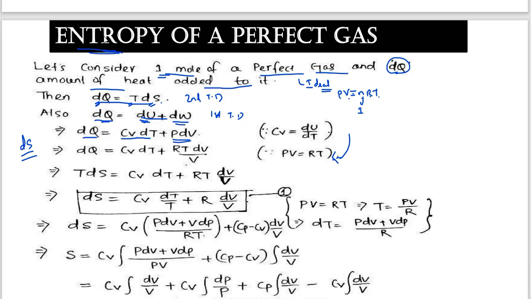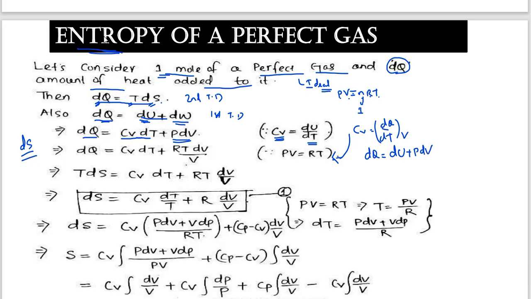Okay, how dU is CvdT? Because Cv is the specific heat at constant volume, which is equal to dU by dT. Because as per formula, Cv is always dQ by dT at constant volume. But remember, dQ as per first law, dQ equal to dU plus dW, and dW is equal to PdV.